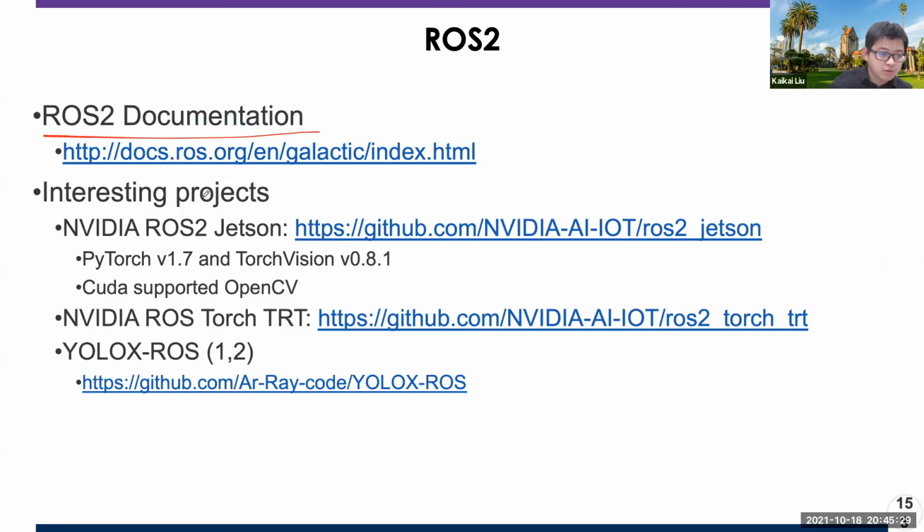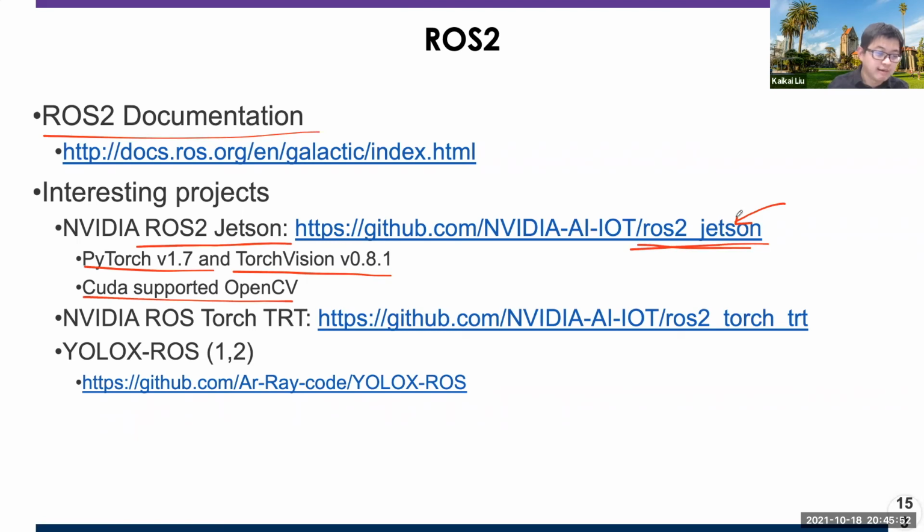There are also some new projects. For example, NVIDIA has ROS 2 for Jetson. You can use ROS 2 on Jetson and run PyTorch, with CUDA-supported OpenCV and also TorchVision. You can have PyTorch models integrated with ROS 2 on the Jetson.